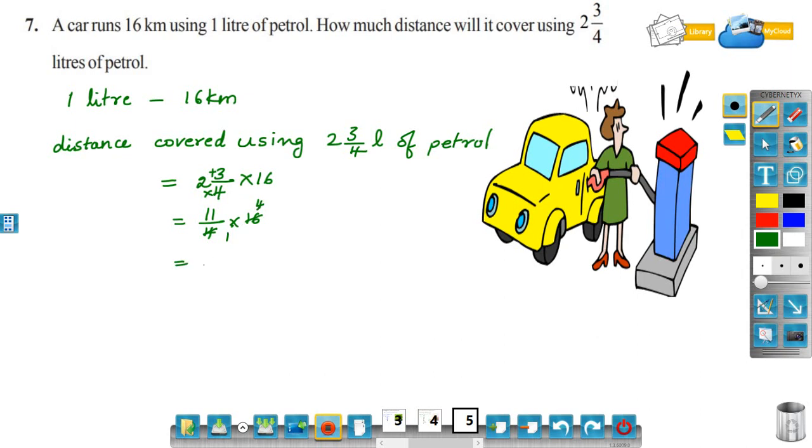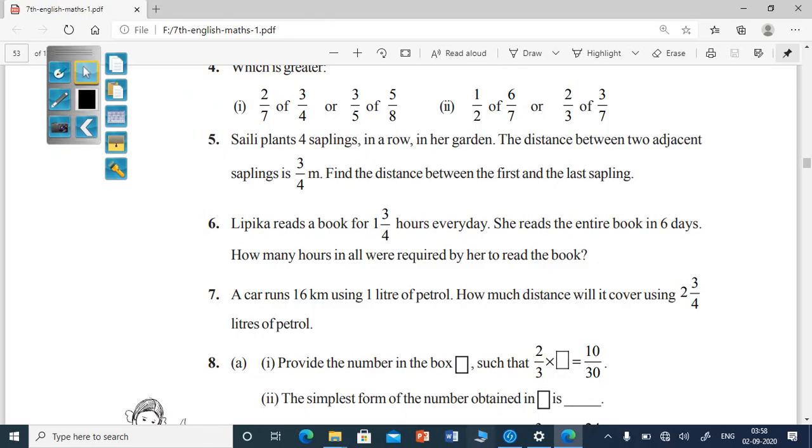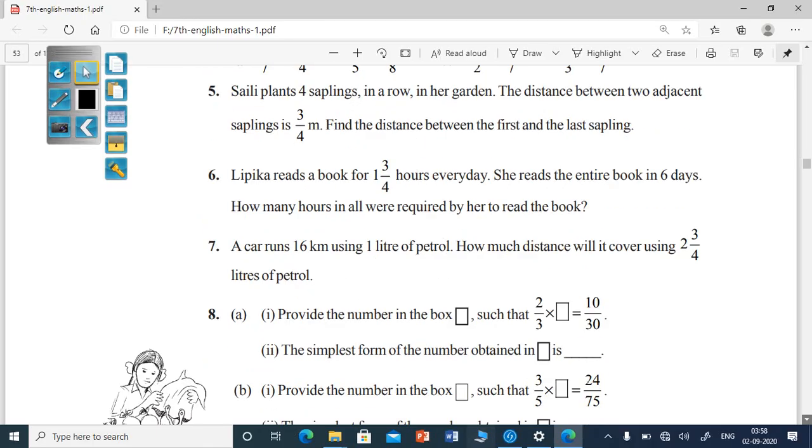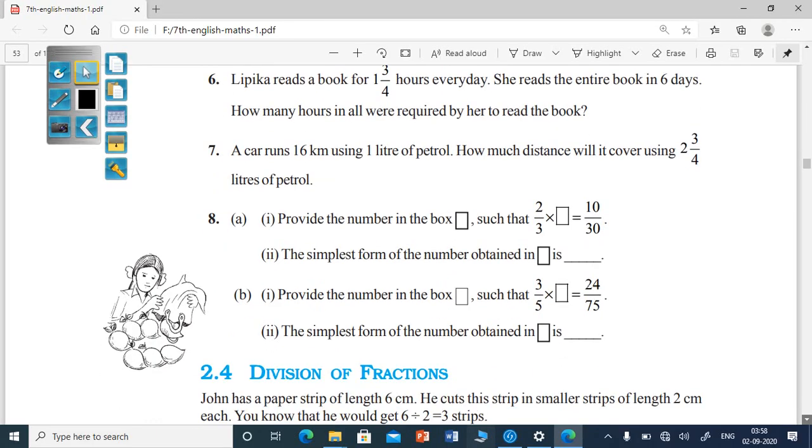So 11 4s are 44 kilometer. So the car can travel 44 kilometer in 2 3/4 liter of petrol. So we have finished all the statement problems of 2.2 and 2.3.